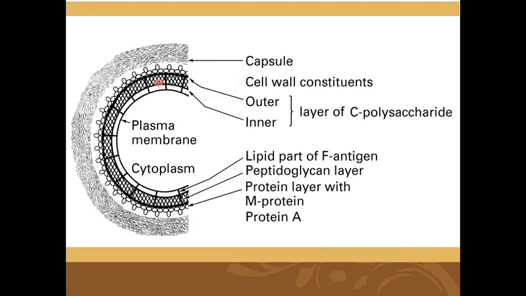Here you can see the cell wall. This is the outer layer and it is the inner layer. And this layer is made up of a layer of C polysaccharide.